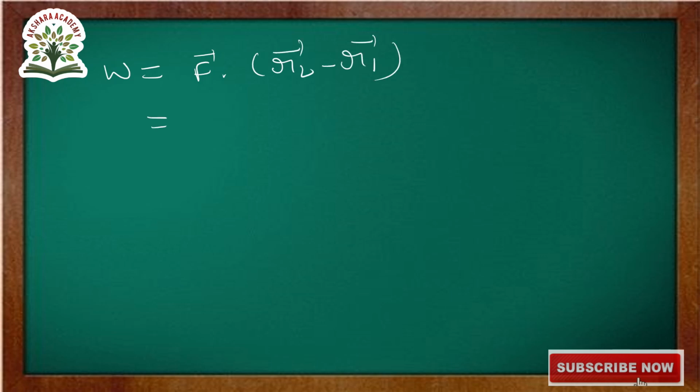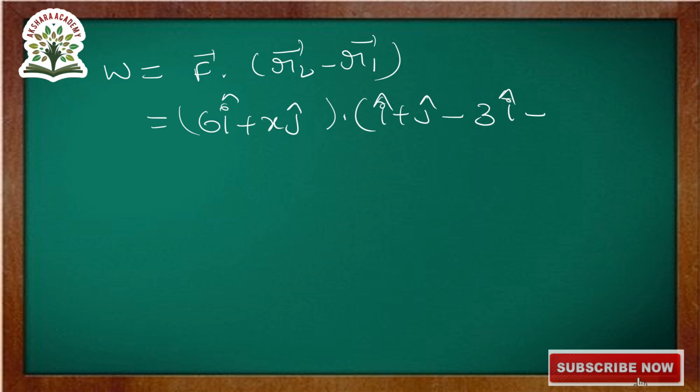Substituting the values, F nothing but 6 I cap plus x j cap dot product of R2 minus R1, R2 nothing but I cap plus j cap minus 3 I cap minus 4 j cap. That is equals to work done they given as 3 units. So 3 units is equals to dot product.